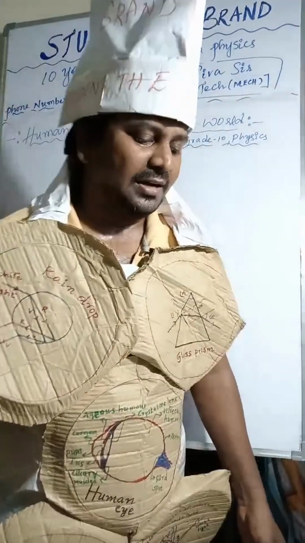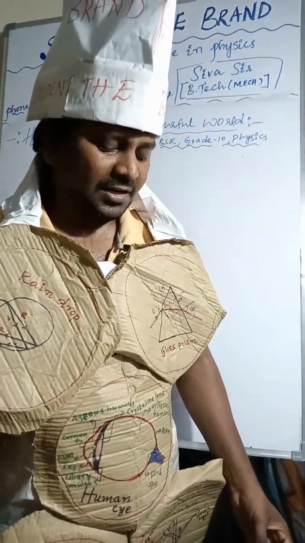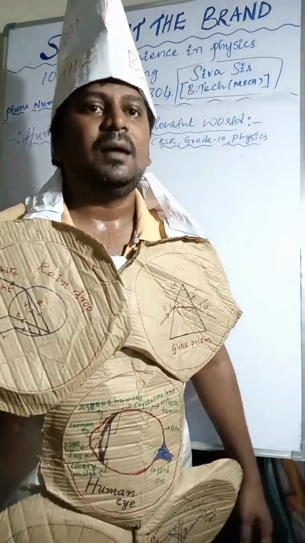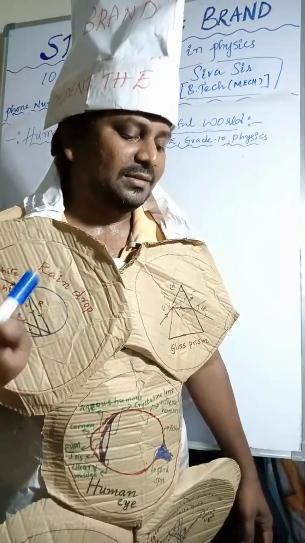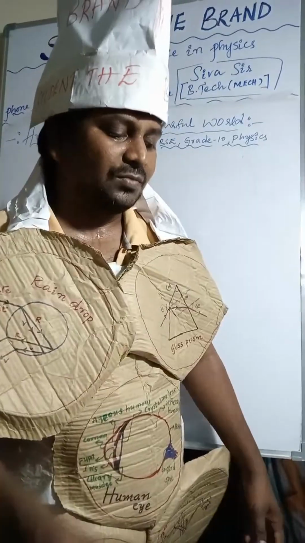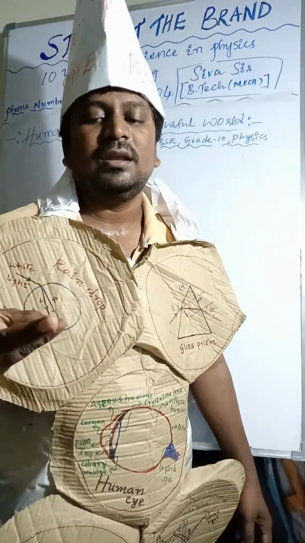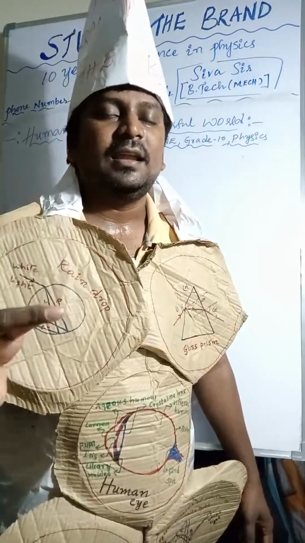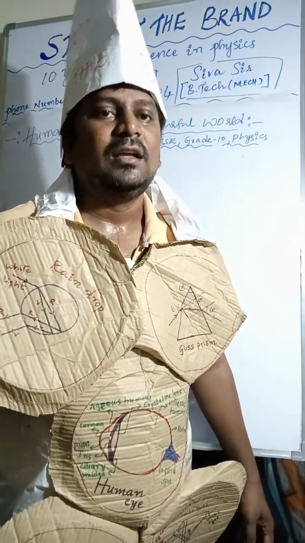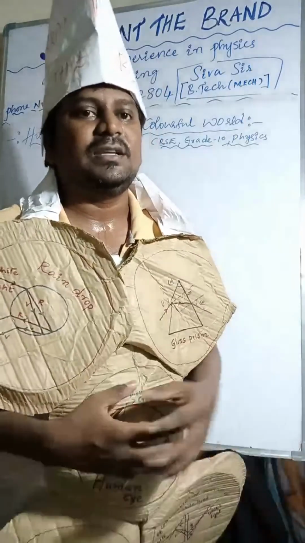In the exam, that question will definitely come. They will ask for parts for at least a 3 marks question, at least 1 mark: cornea, iris, pupil, ciliary muscles, retina, and in the retina, rods and cones. We'll discuss that also now.